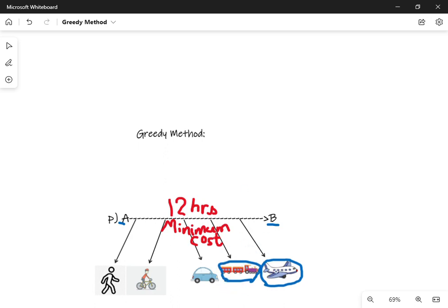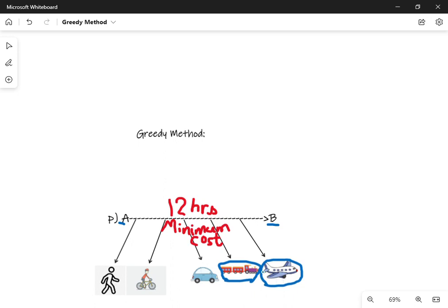So this is known as a feasible solution. Let me explain the feasible solution. A solution which is suitable for our given condition. So here our first given condition is that a person has to travel in 12 hours. So in 12 hours he should travel from point A to point B through train or through plane. So this is the feasible solution.